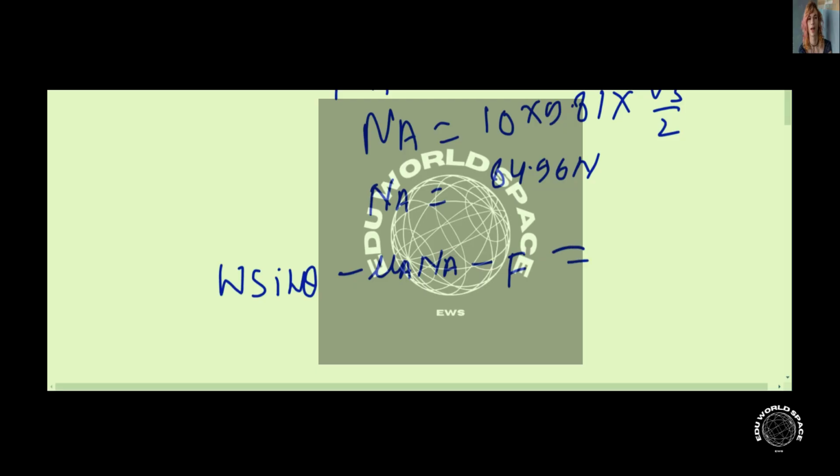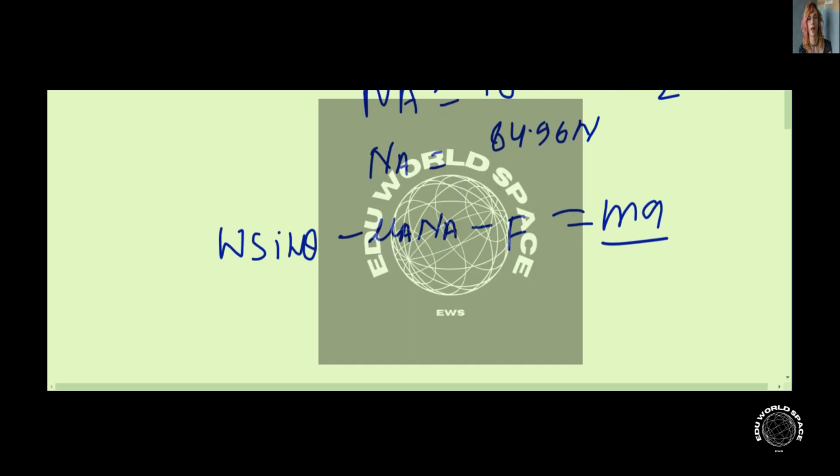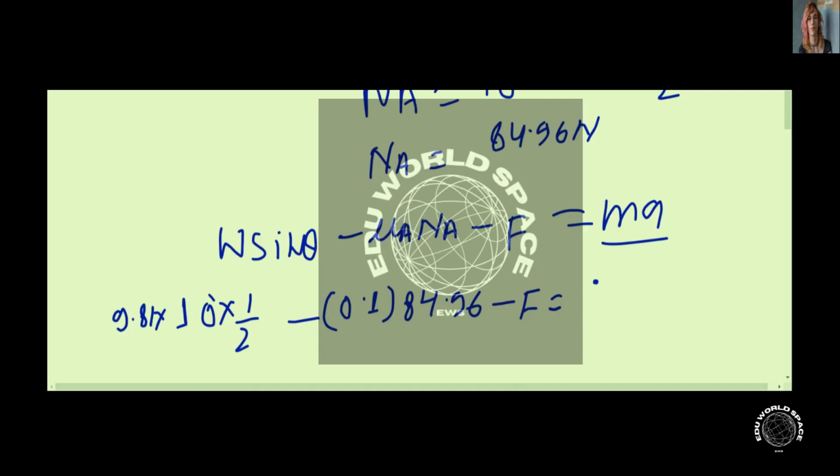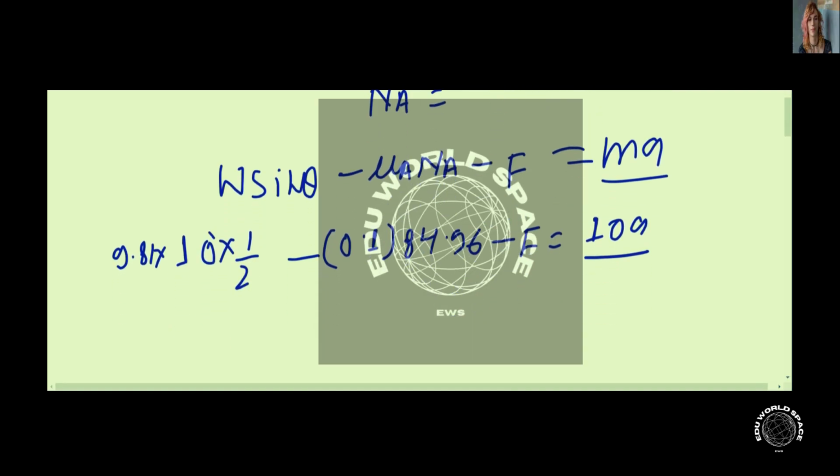So F equals m into a: 10 into 9.81 into sine theta, which is 1 upon 2, minus mu, which is 0.1, into the normal, 84.96, and negative of F, equals ma, where m is 10, so 10a. This becomes 40.55 minus F equals 10a. Let's say this is equation 1.